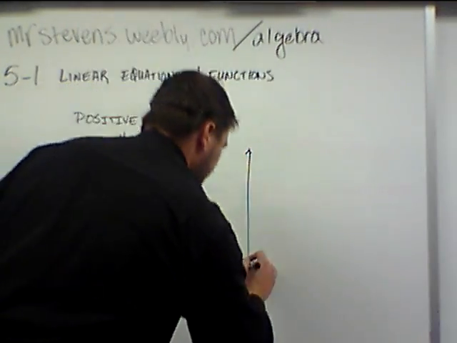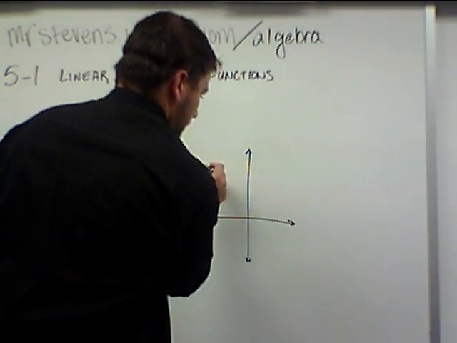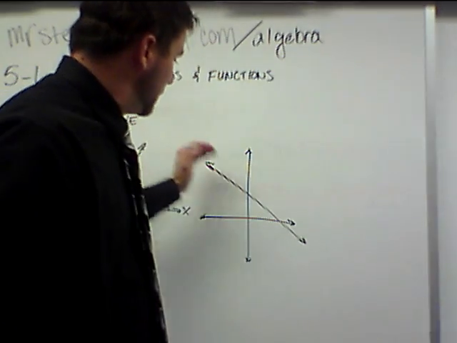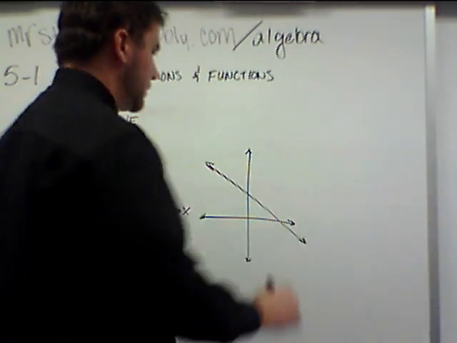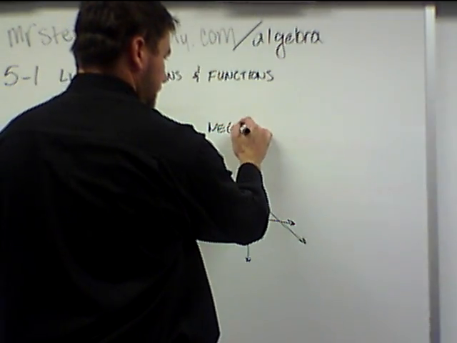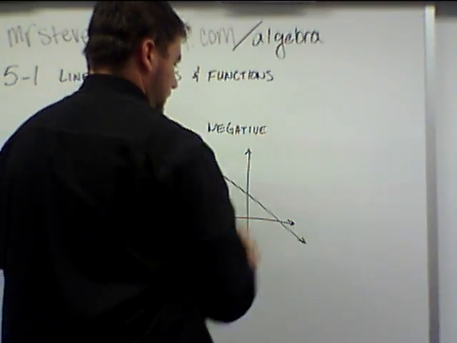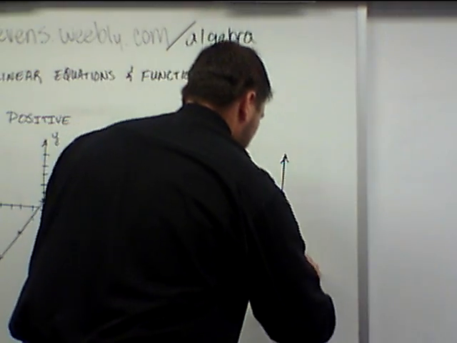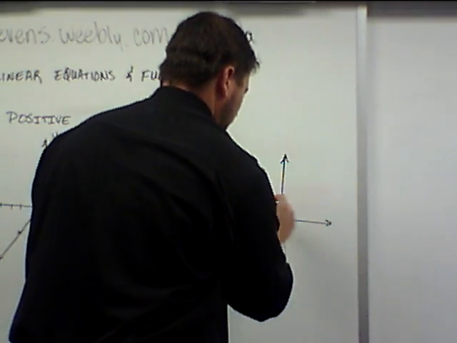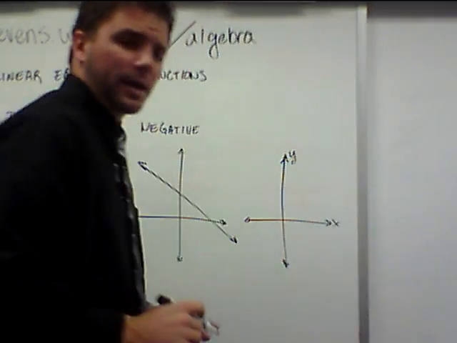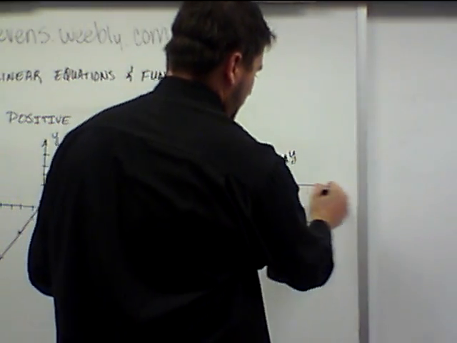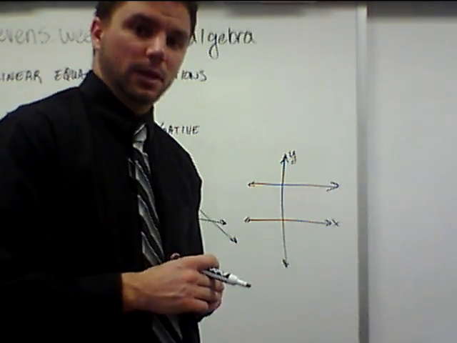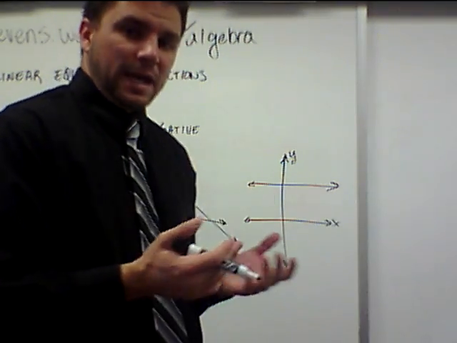In comparison, moving from left to right, this line is moving down. This is a negative slope. Also in comparison, if we have our x and our y-axis here, and I draw a line nice and flat like this, this doesn't have a slope.